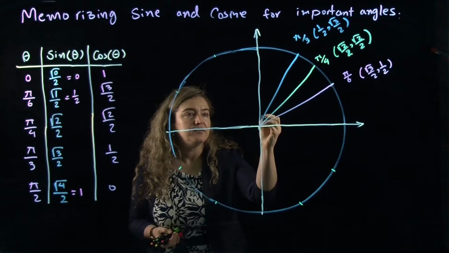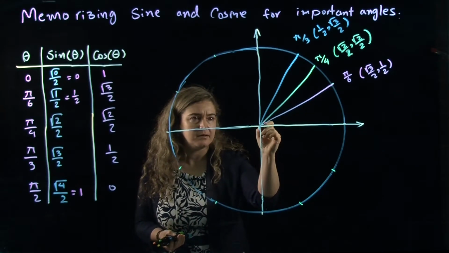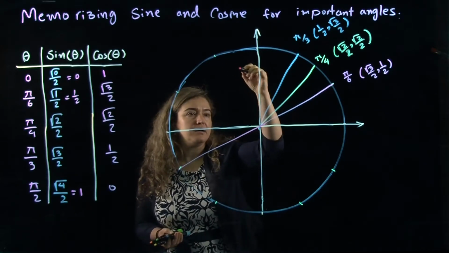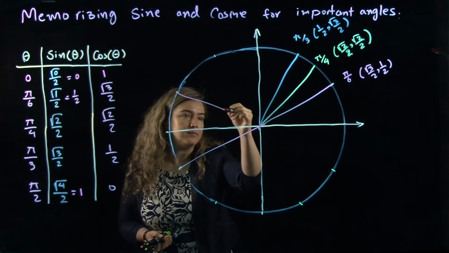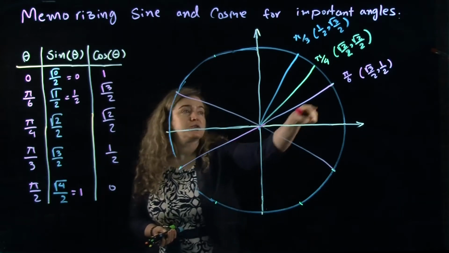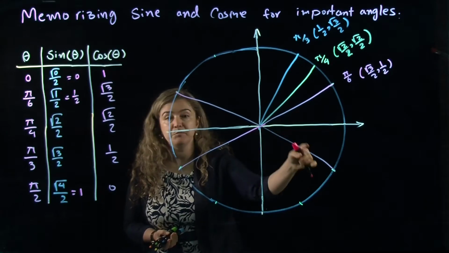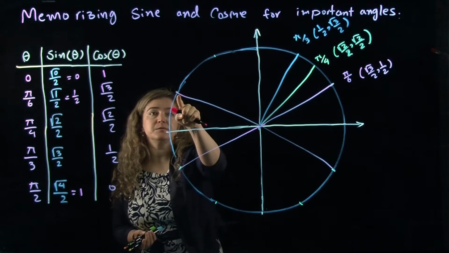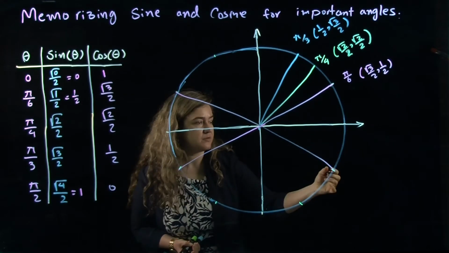Let's see. For pi 6th, these values are in symmetry with pi sixth, and so let's calculate this on a piece of scratch paper.